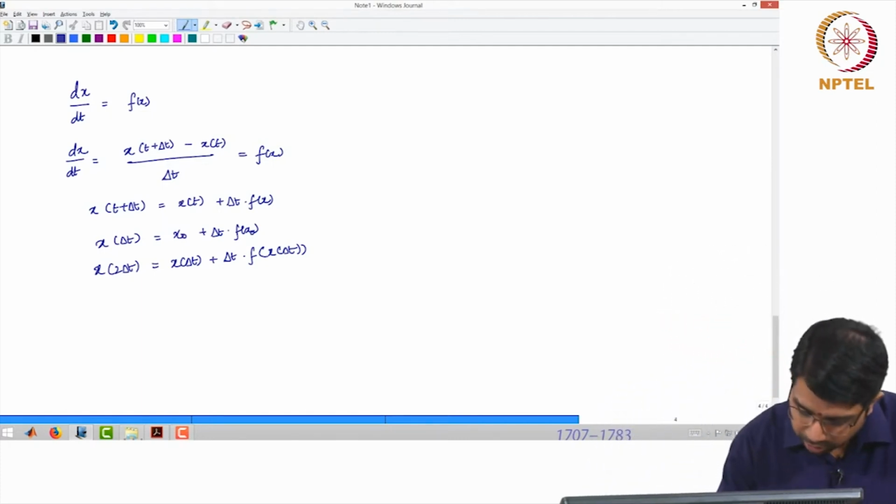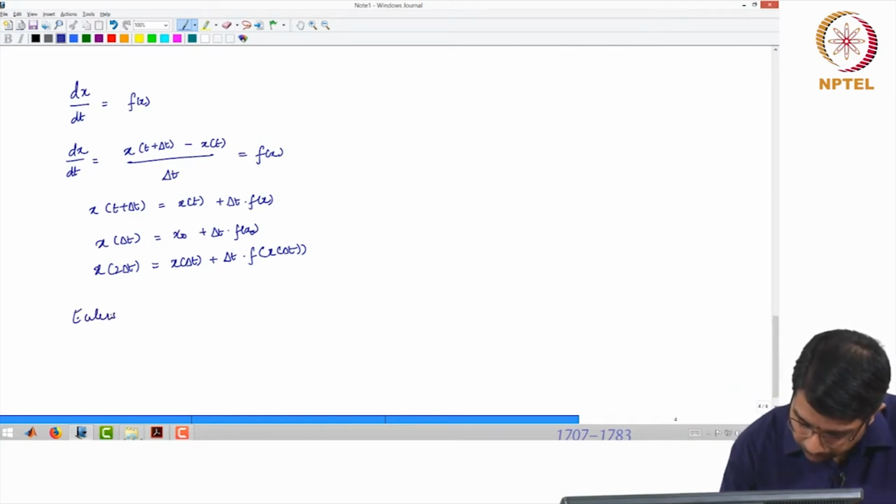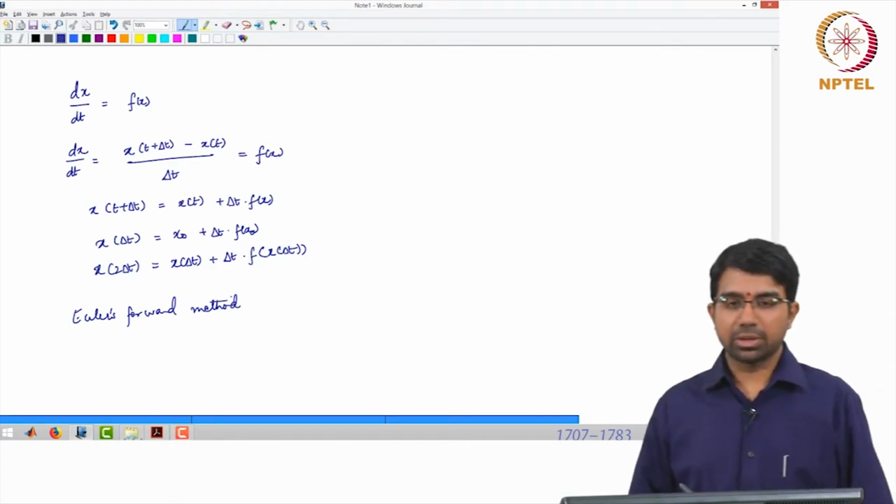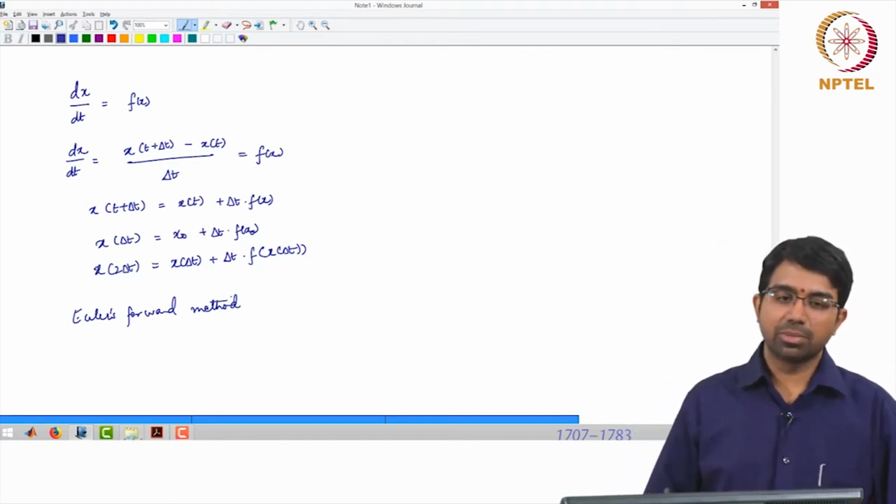So, this is called Euler's forward method.